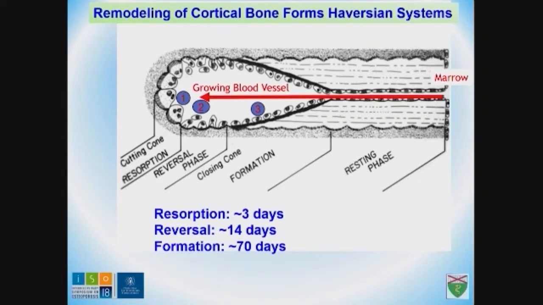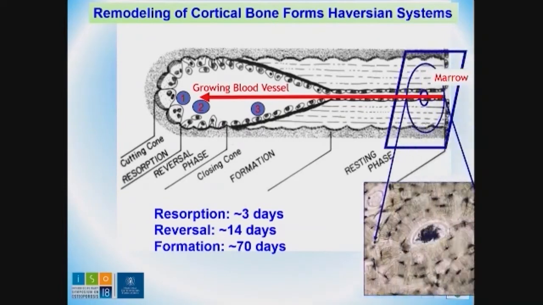And so what happens is, during the formation phase, you're excavating a tunnel, and you basically close off the tunnel as the bone-forming cells close it in, but they leave a little central tunnel in the middle, and that's where the vascular supply to the cortical bone develops.